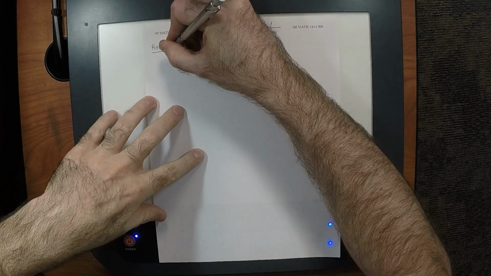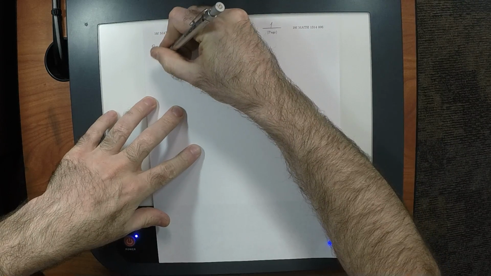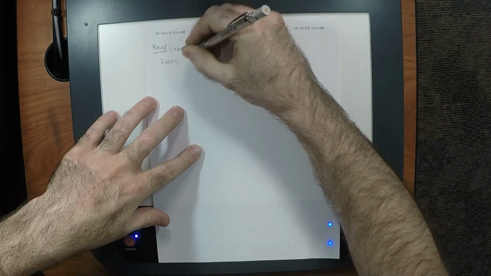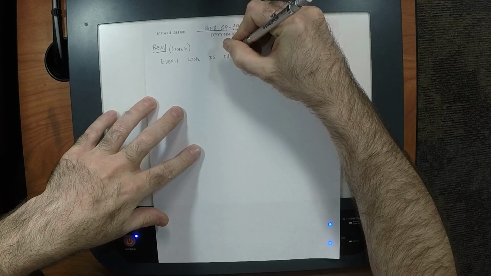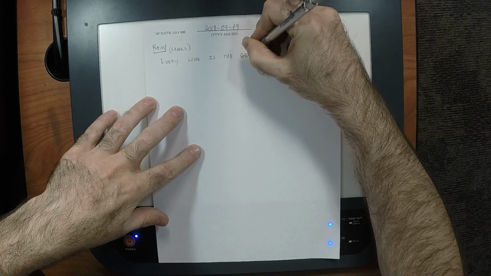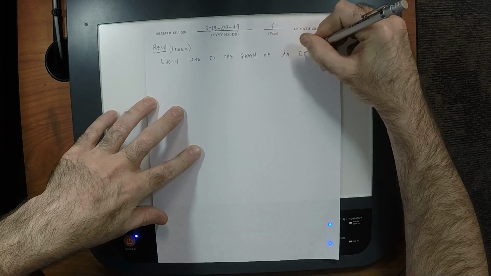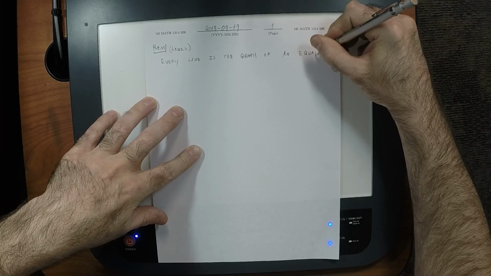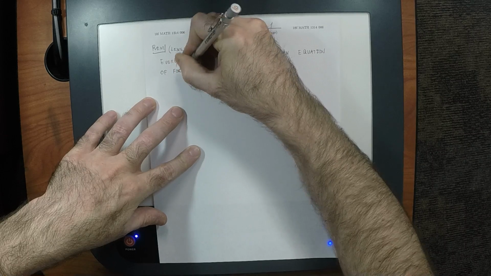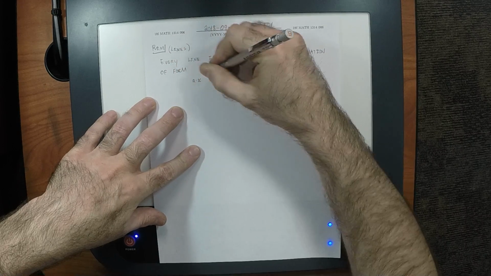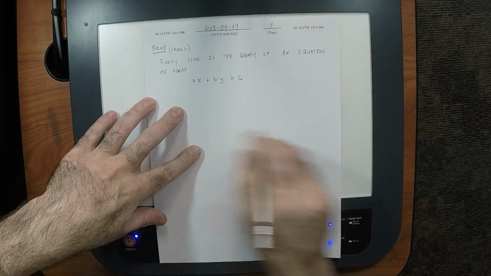All right. So concerning lines, every line is the graph of an equation of the form a multiply x plus b multiply y equals c, like that.